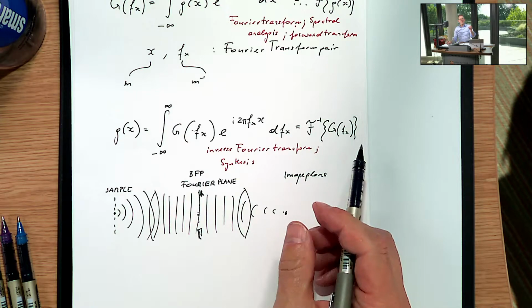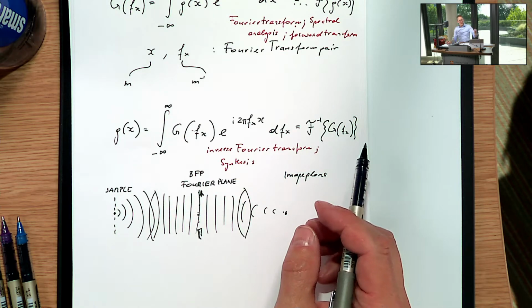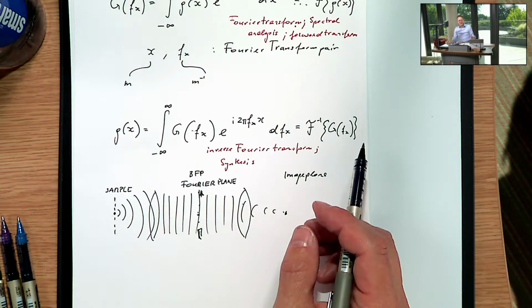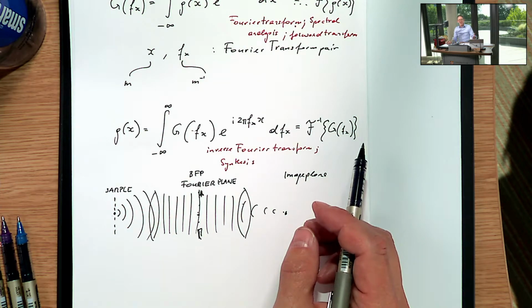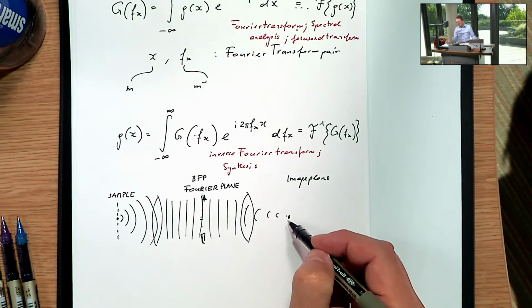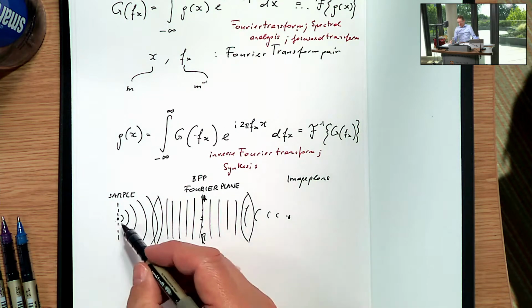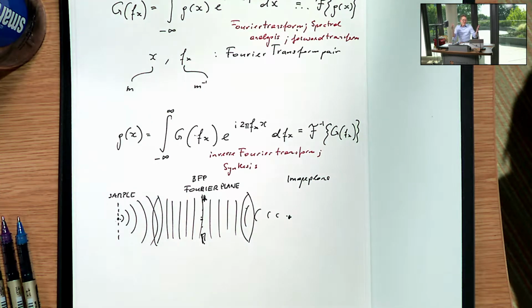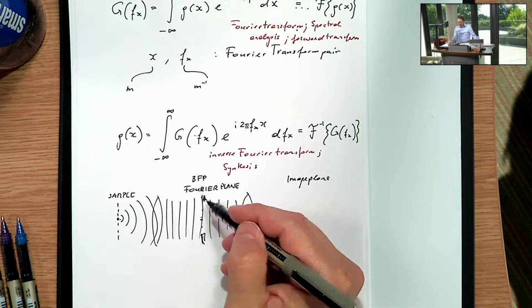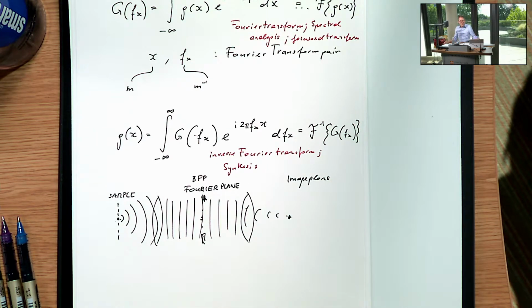And like when I synthesized functions on the computer app that I showed you, if you don't take enough frequency components in, your synthesized function degrades. And as a result of that, the image is degraded. We don't get a perfectly sharp point. We get a point that's essentially the Fourier transform of this, which is a Bessel function, or the point spread function. Okay.